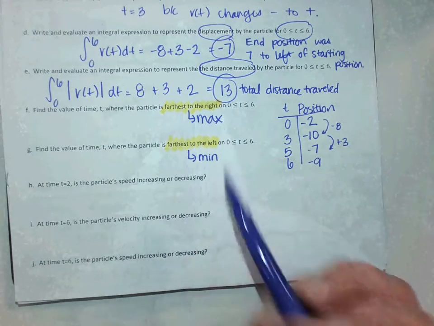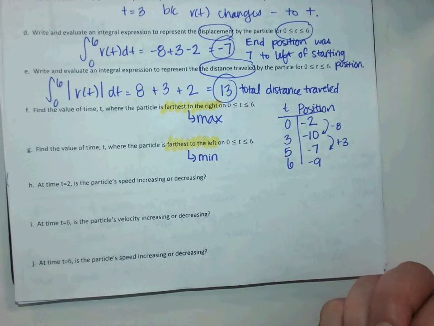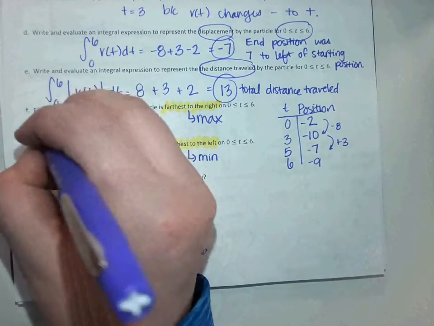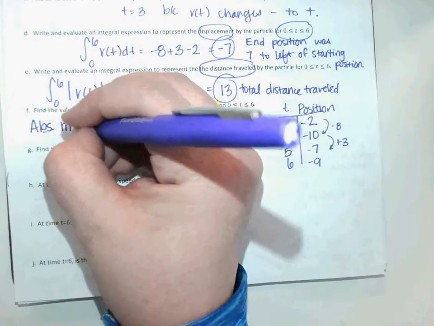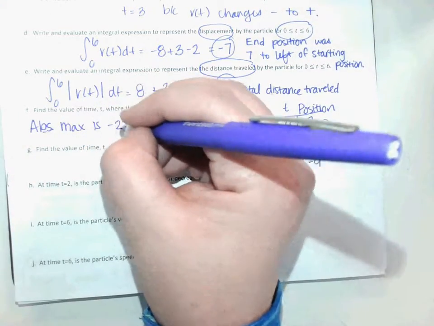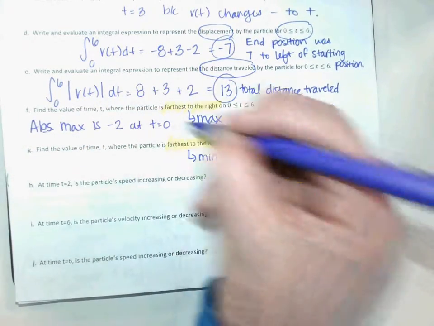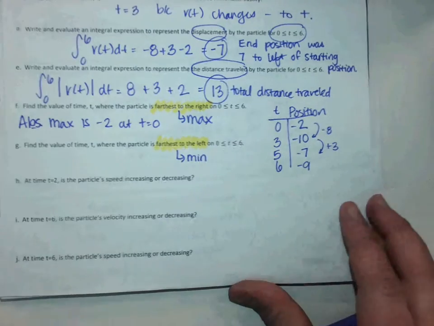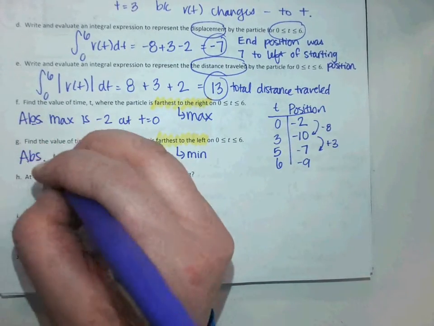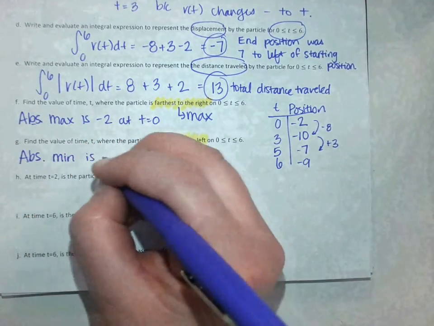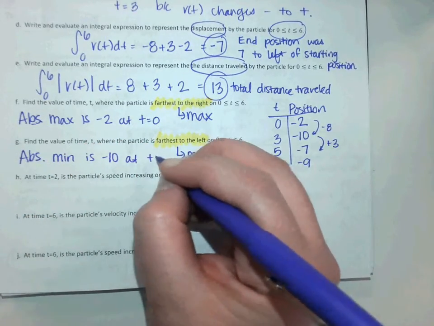Where is the particle farthest to the right? -2 is the biggest. So we'll write absolute max is -2 at time 0. And then what's my absolute min? -10, when does it happen? 3. -10 at t equals 3.